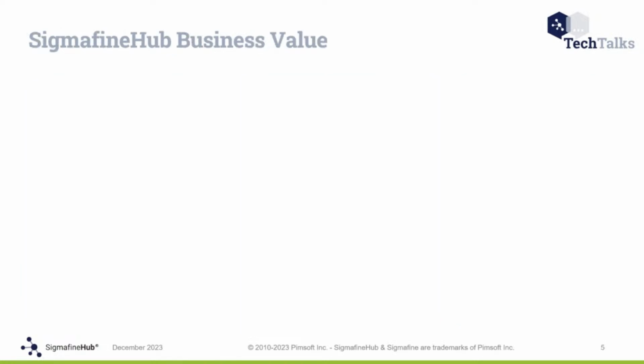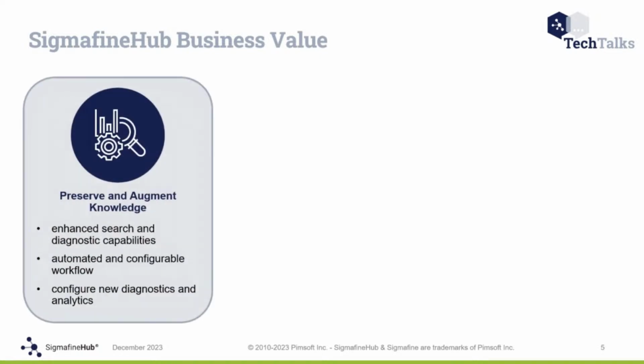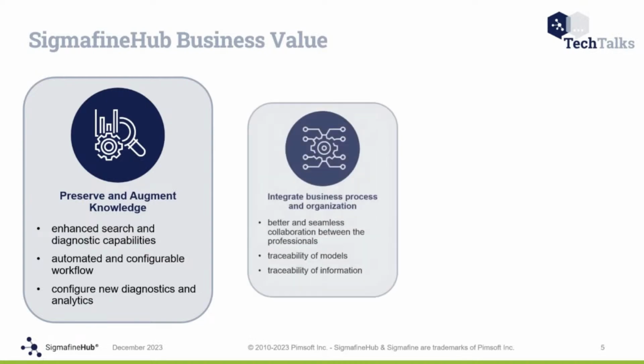So what are the SigmafineHub business values? It preserves and augments knowledge, enhances search and diagnostic capabilities, automates and lets you configure workflows and configure new diagnostics and analytics. And you'll see, not in this presentation but in coming webinars with SigmafineHub Studio, you'll be able to create and program those analytics.